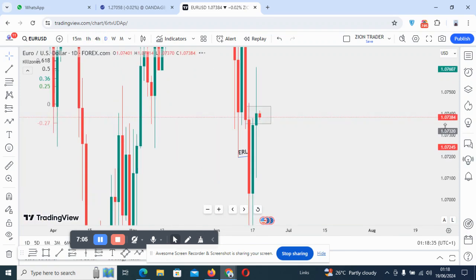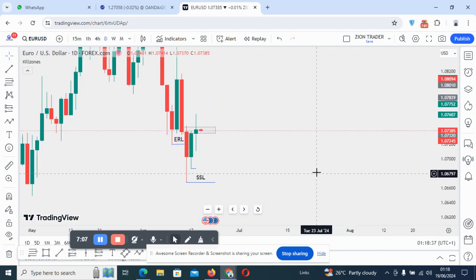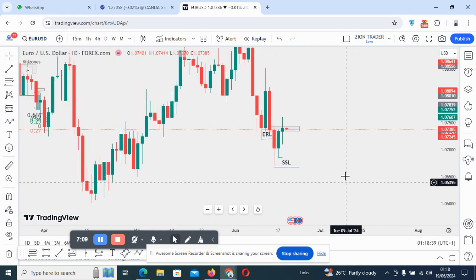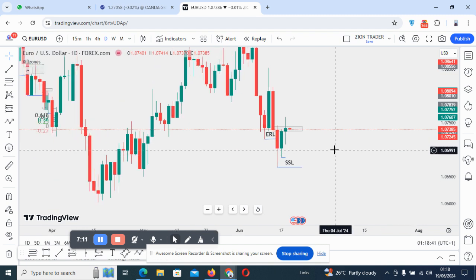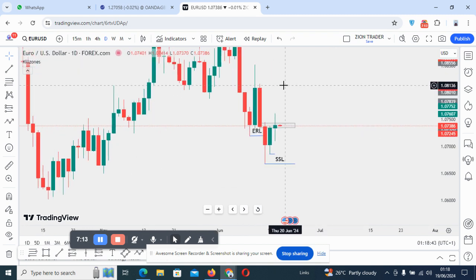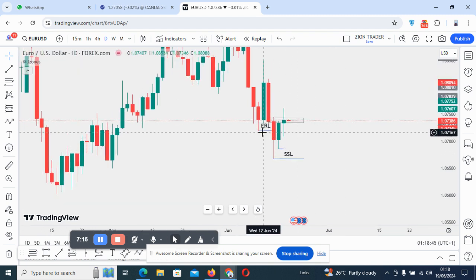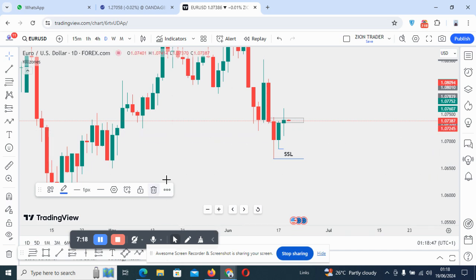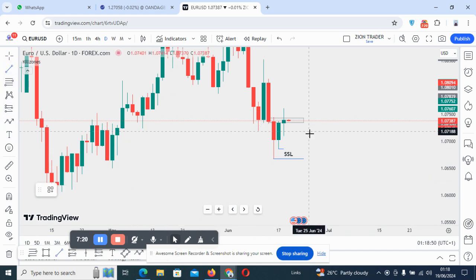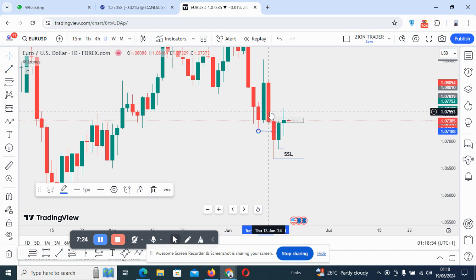Meanwhile, I want you to understand that this buy is not something that will last for long, except if this daily order block is taken out, because we can see that there is a break of structure on the daily time frame, and we are already at a daily order block.